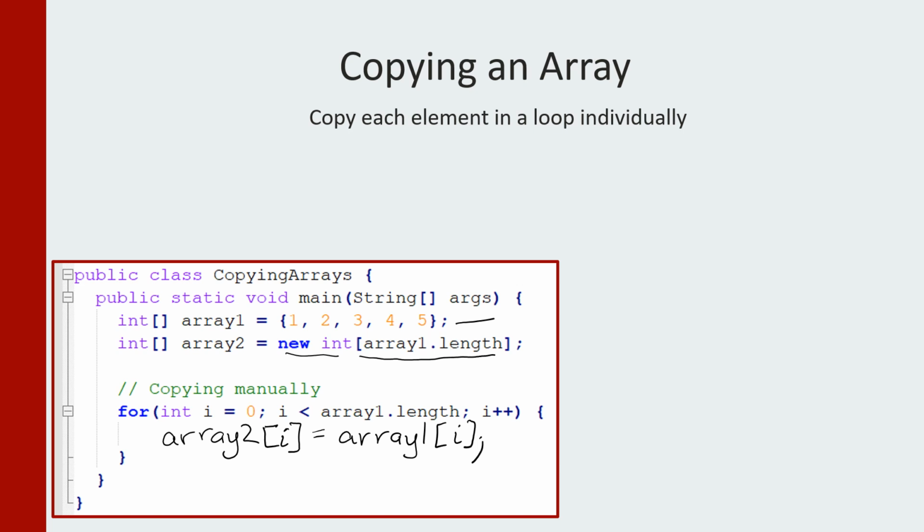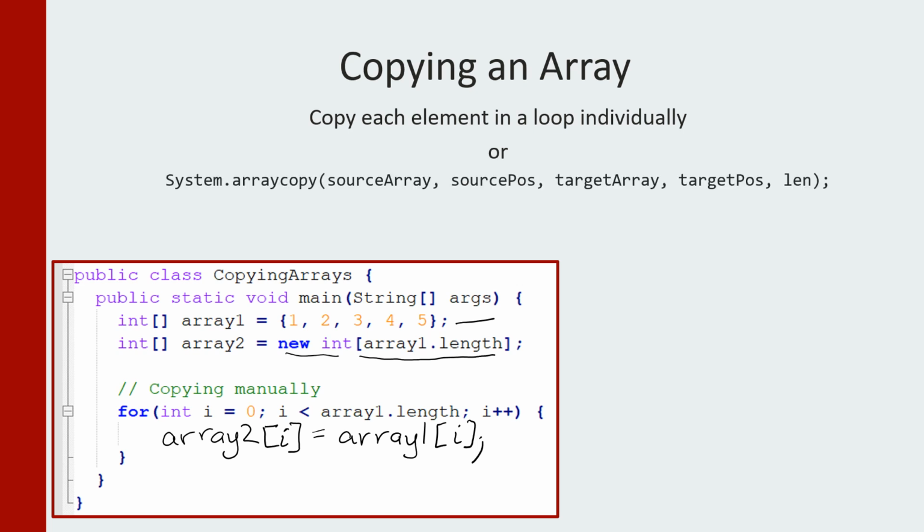There are some other ways to copy an array, which I'll just show you quickly here. You can do System.arraycopy, with source array, source position, target array, target position, and length. Or you can do int[] copiedArray equal to sourceArray.clone(). Let's look at how either of those look.